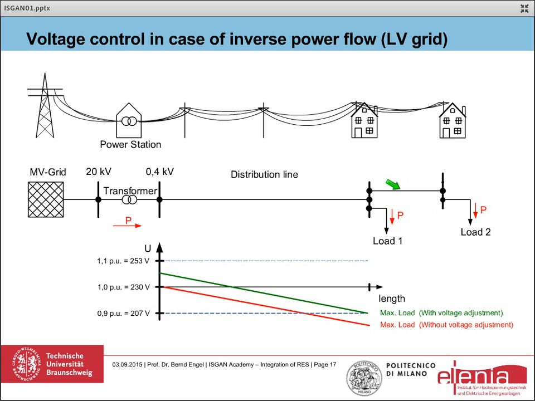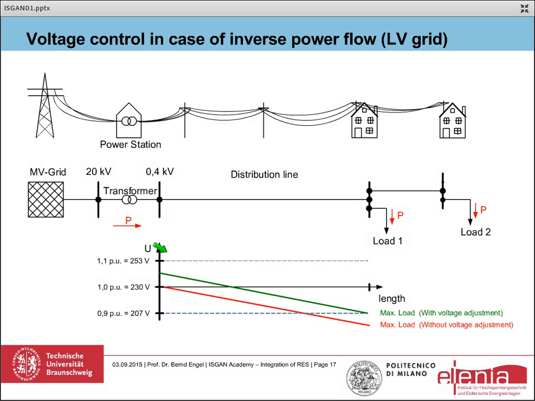We see here in the sketch 2 households, and along the distribution line we have a voltage fall, and we have to provide, according to the voltage quality norm in Europe or in the world, a voltage band of plus minus 10%.